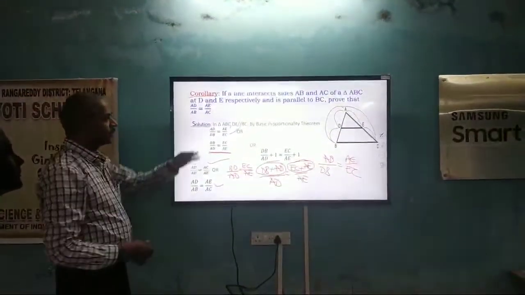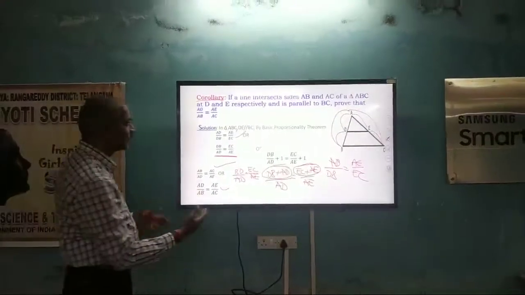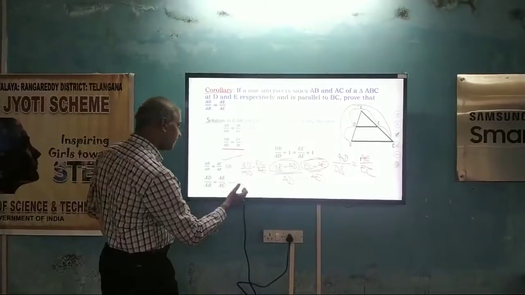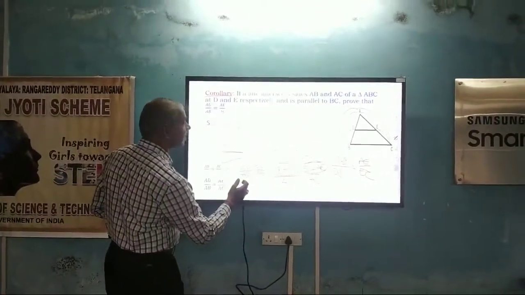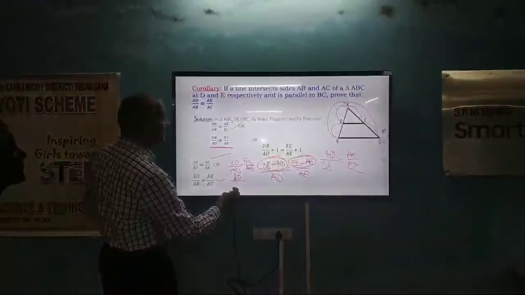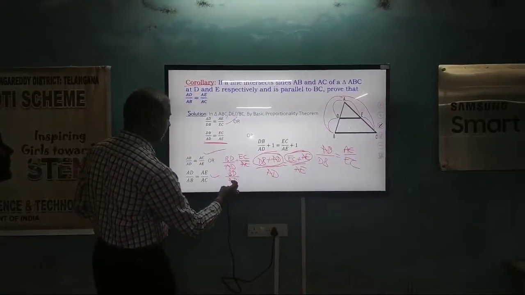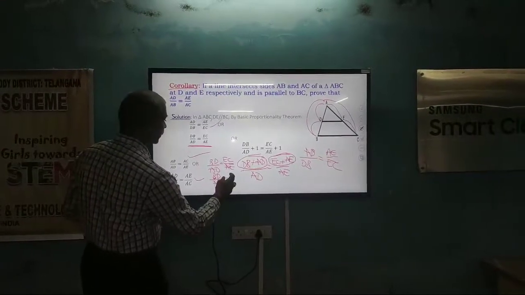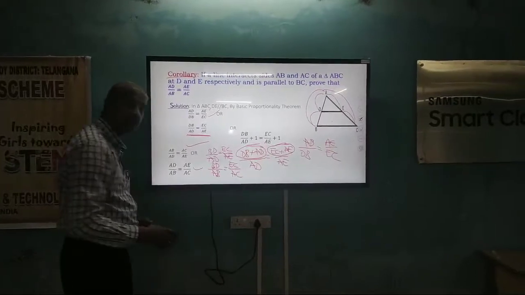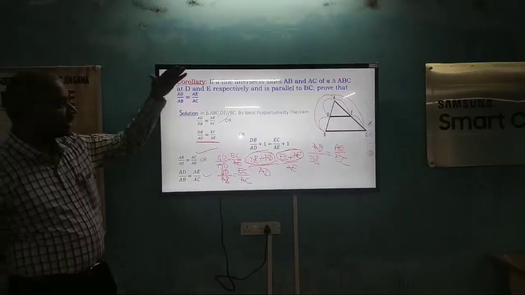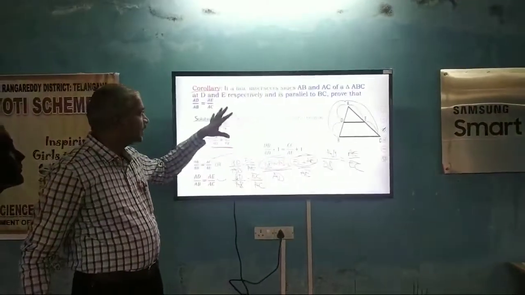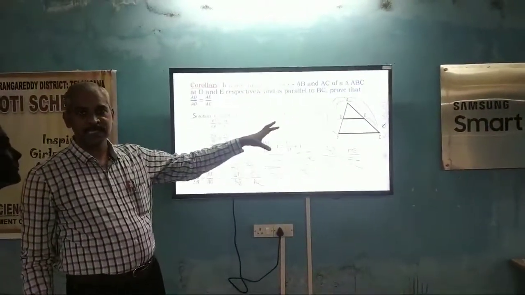You can take many orders. For example, here we have taken AD by AB is equal to AE by AC. One more I will take: BD by AB is equal to EC by AC also happens when a line is parallel to one side of a triangle. This is about a corollary of the basic proportional theorem.